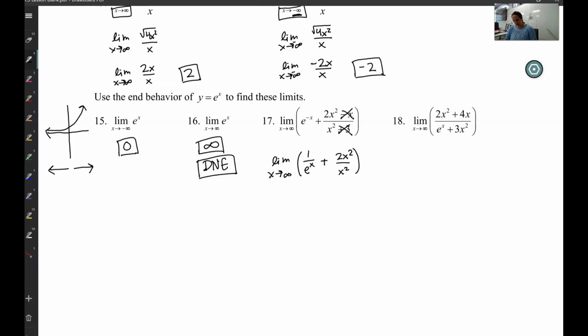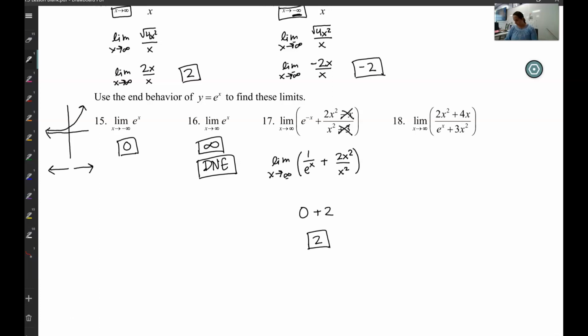Now if I think about these limits as I'm going to infinity, e to the x grows really, really fast. 1 over e to the x would get closer and closer to 0 because it's 1 over a really, really big number. This one, our x squareds go away, would just be 2. So we get 2.